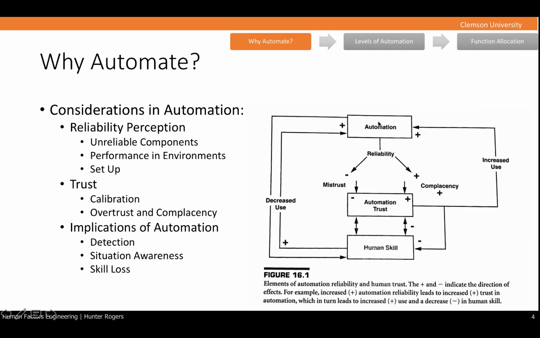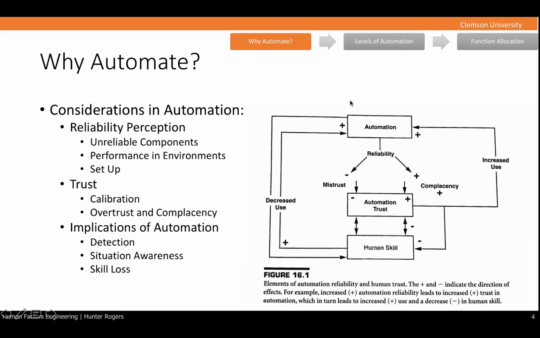On the other side of the graph, you've got mistrust, which is where you have low reliability, low automation trust, which results in an increase in human skill and decreased use because you're putting more of the task on the human than on the automation.